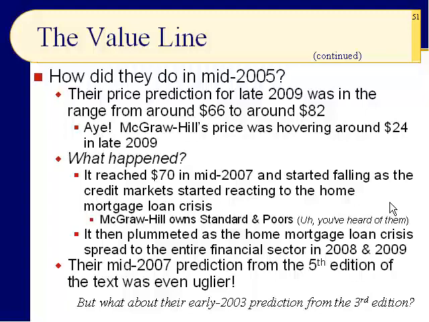But then it started to fall as the credit market started reacting to the home mortgage loan crisis, because at the time, this is before they broke the company up, McGraw-Hill owned Standard & Poor's. You remember them? They're the company that was giving AAA ratings. And what does that mean? Wait till we get to the bonds.